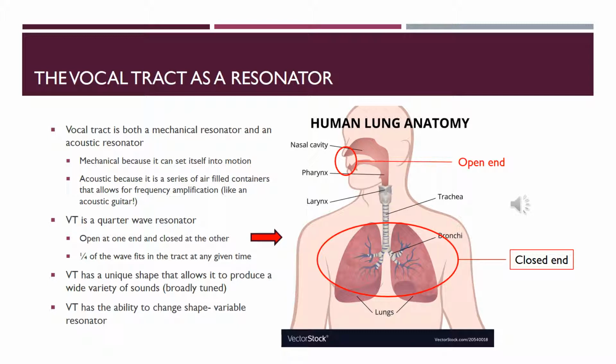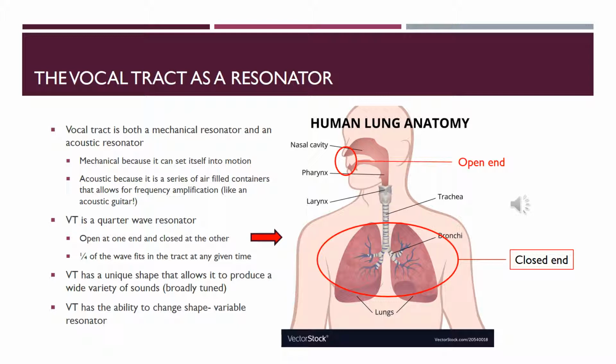It's also considered a quarter wave resonator, and the picture to the right shows an example of how. It's open at one end, so you can see the nasal cavity and the nose, and the oral cavity and the mouth are the open end, and then down at the bottom, where we start at the lungs, is the closed end.